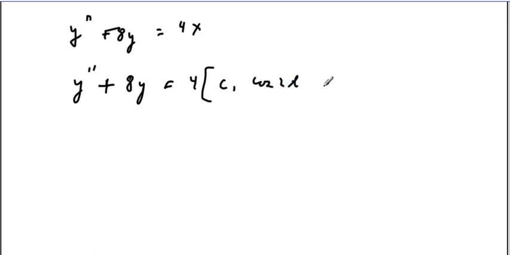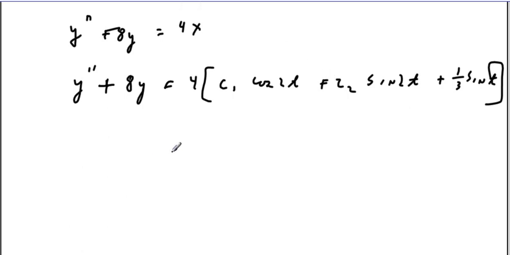So y double prime plus 8y is equal to 4 times C1 cosine 2t plus C2 sine 2t plus 1/3 sine t. Okay, that looks reasonably okay.